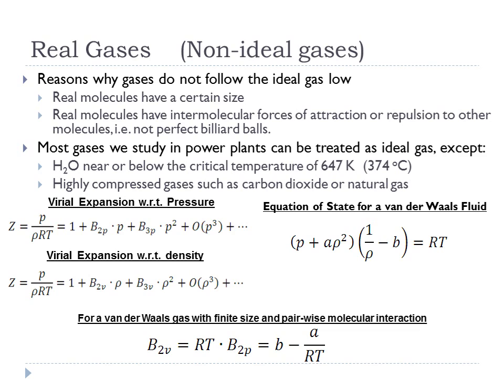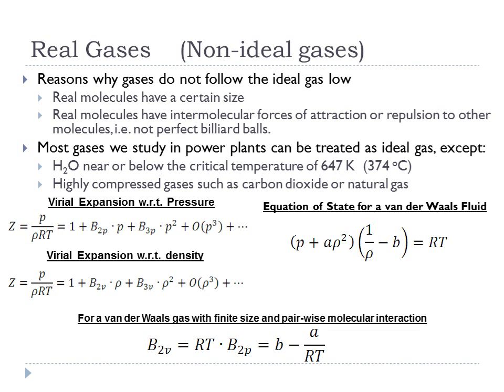When you do it as a function of pressure, Z can be written as 1 plus B2P times P plus B3P times P squared plus order P cubed plus higher order terms from there on out. You could do the same thing, and it's called the virial expansion, with respect to density, and then it's going to be 1 plus B2V times rho plus B3V times rho squared plus higher order terms.